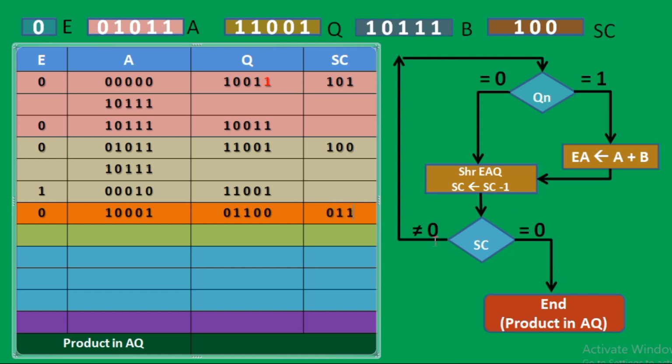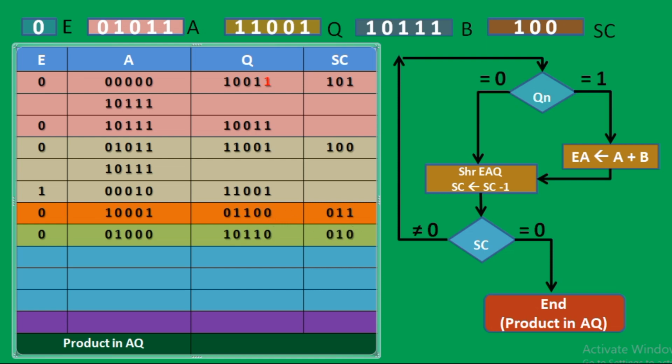Once again it is not equal to 0. So check the QN value. What is the QN value here? 0, not 1. If it is equal to 0, there is no addition. Directly perform the shift operation. The last 0 is discarded. Now the counter value is 2.